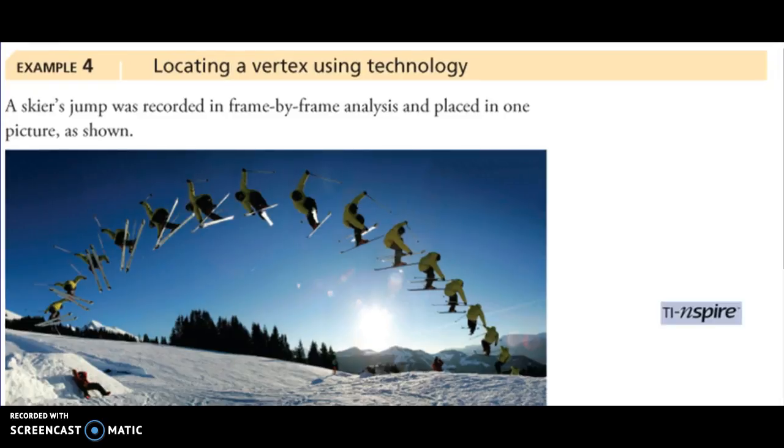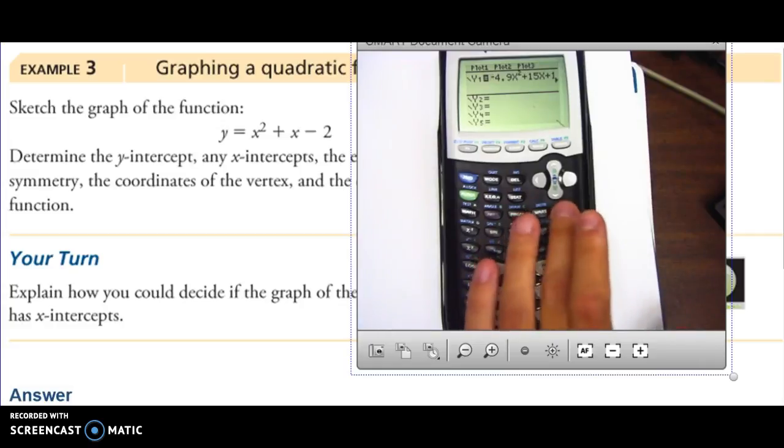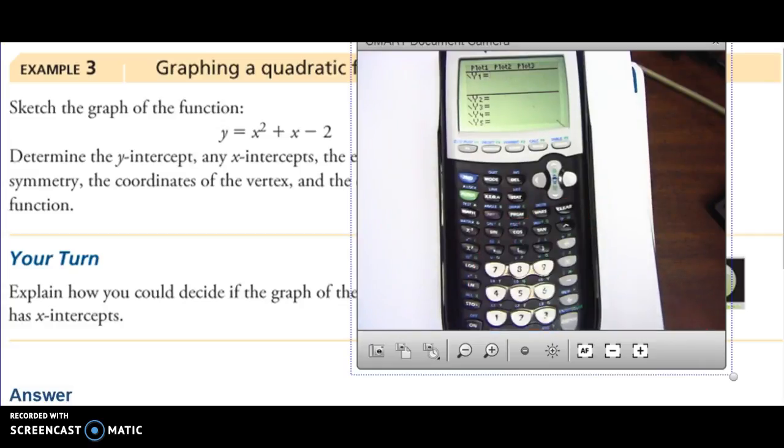If we go to example 3, I'll show you how to do this using the graphing calculator. You'll turn your graphing calculator on and hit your y equals. If there's anything in there, you can just hit clear and erase all your information. For this, we want the equation y equals x squared plus x minus 2.